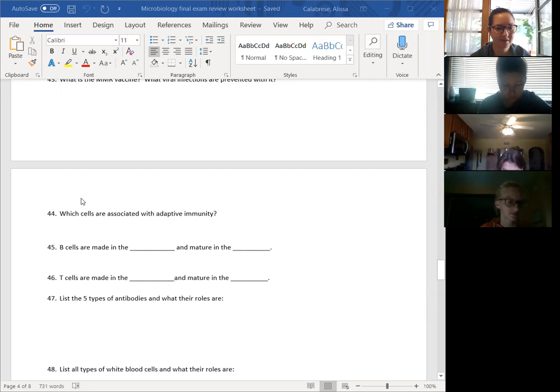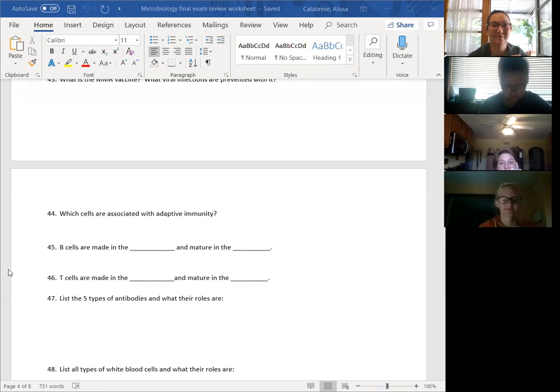Okay, getting into the immunity section, because I know a lot of people have problems with this. And immunity is one of those things that when we first cover it in micro, it can be confusing for a lot of people.